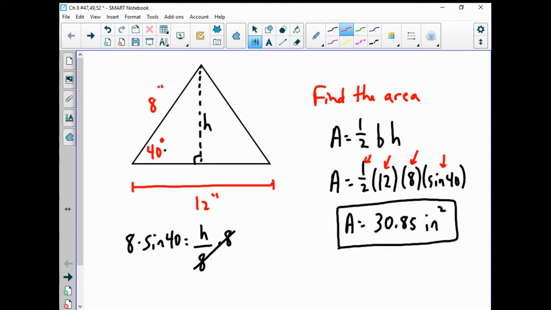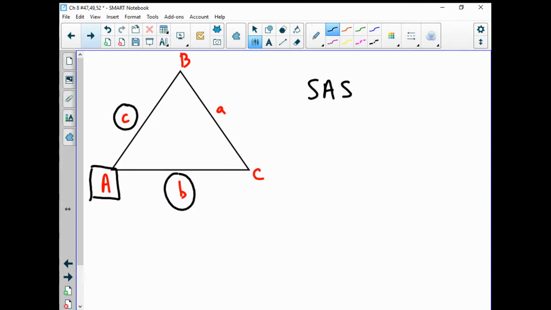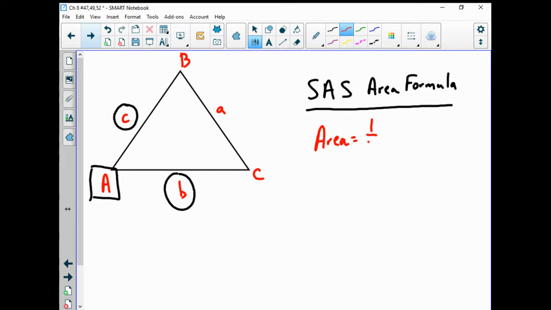So in general, we have what I call the side angle side area formula. Which basically says, if I use that picture at least, the area would be equal to a half, because it is a triangle, times the two sides that you're given.